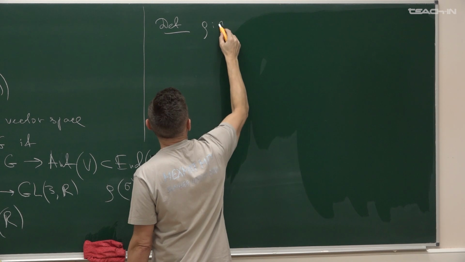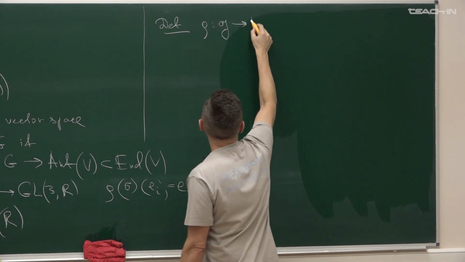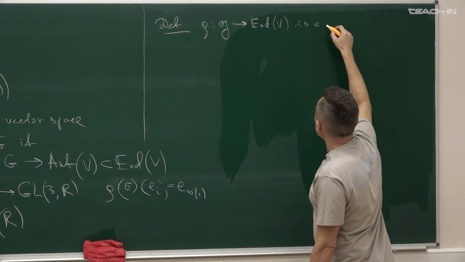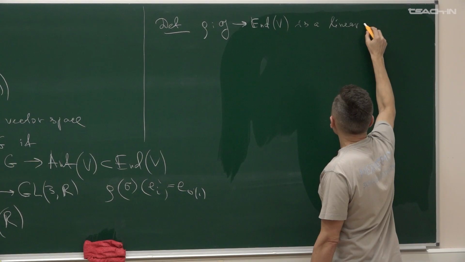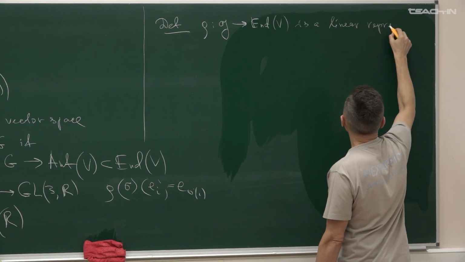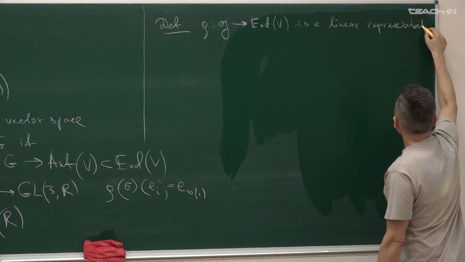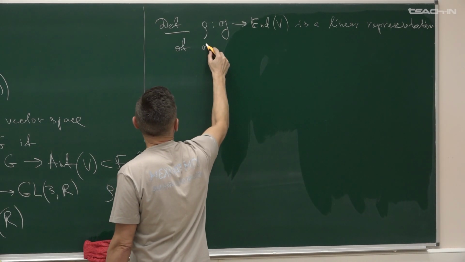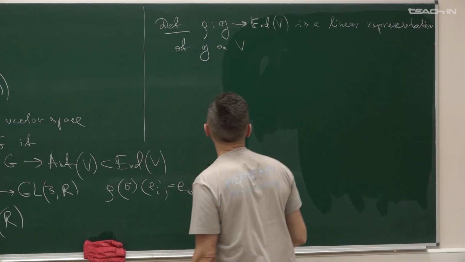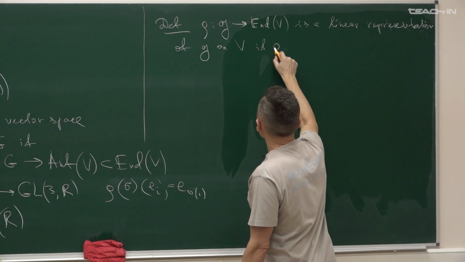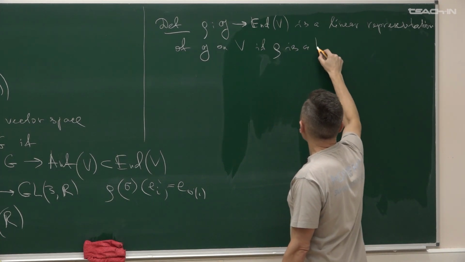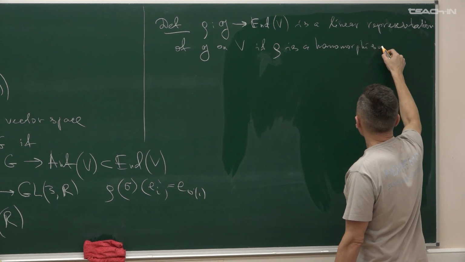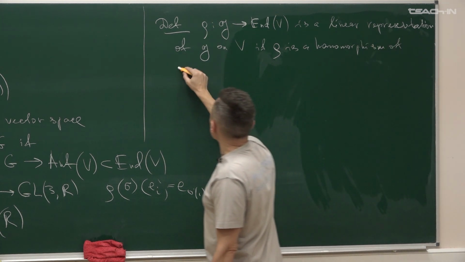Rho from the Lie algebra g to End V is a linear representation of g on V if rho is a homomorphism of Lie algebras.